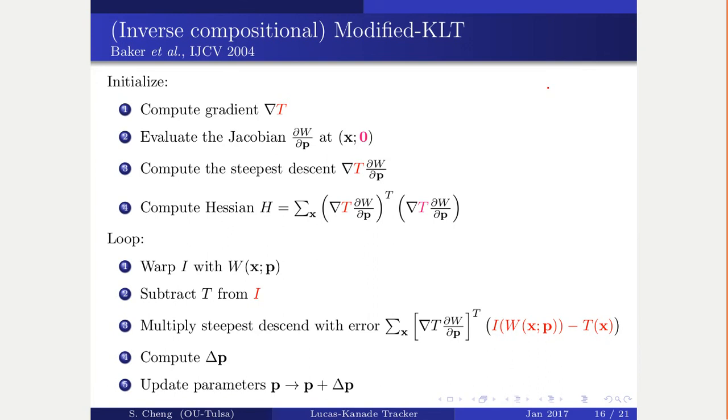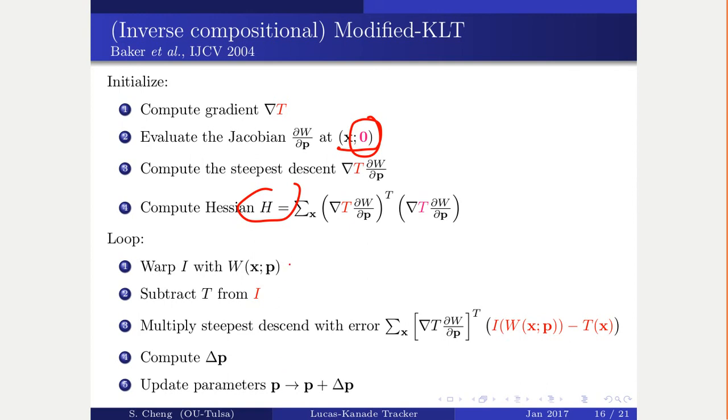So we'll have something like, first, initialize: we compute the gradient of T, then compute the Jacobian partial W partial p at p equal to 0, then compute the steepest descent, that's gradient T multiplied by partial W partial p, and then compute the Hessian. Then in the loop, we'll just compute the remaining steps.